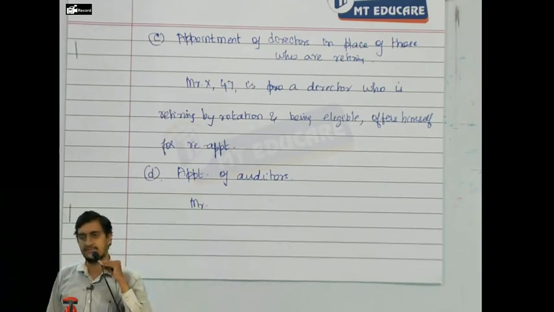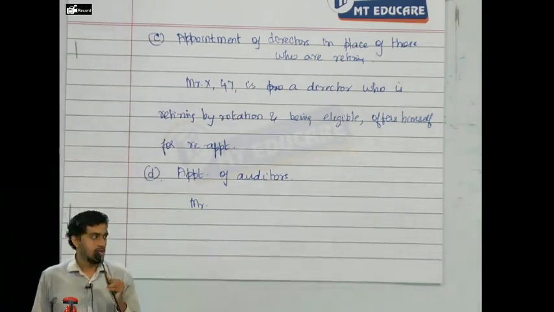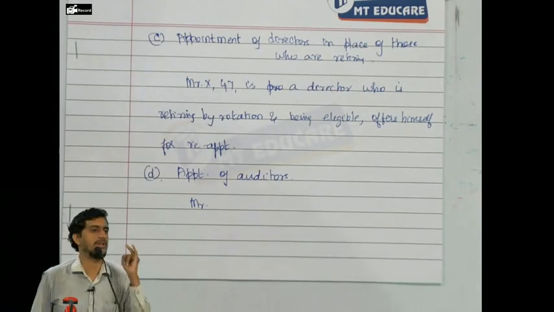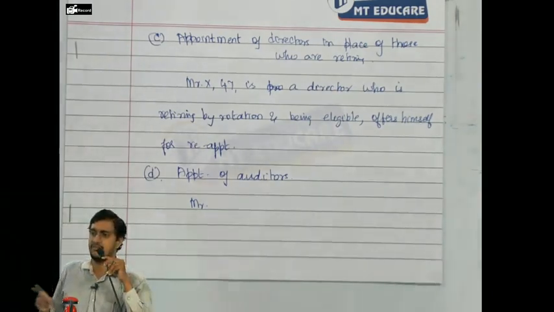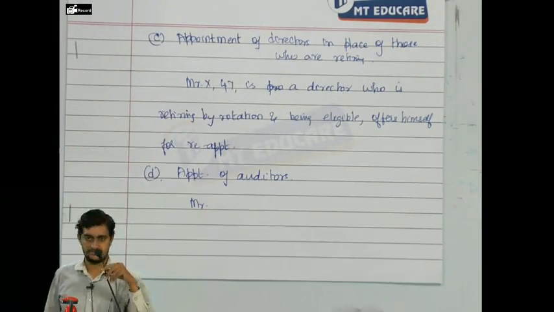Point number two: do you remember when we discussed proxy? You and I know that a proxy can be appointed, but a layman will not know whether a proxy can be appointed or not. So what should you mention in the notice? You should mention that a member who is entitled to attend and vote at the meeting is also entitled to appoint a proxy, and the proxy may or may not be a member.